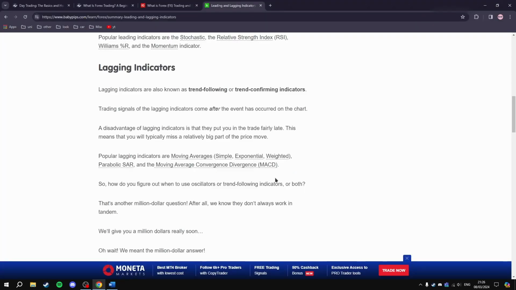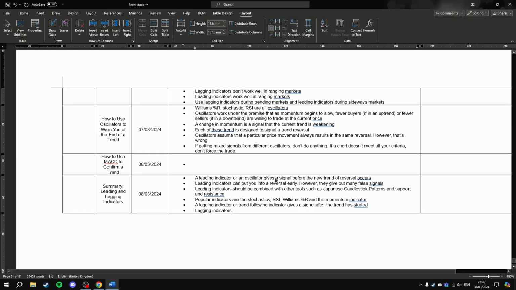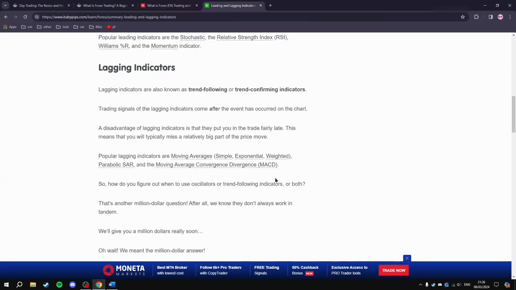Lagging indicators put you into the trade fairly late.